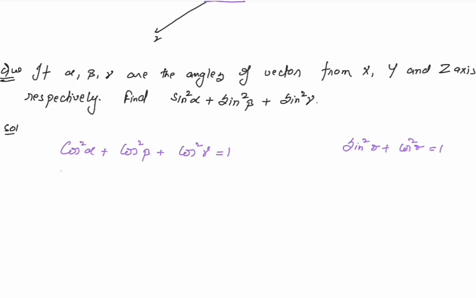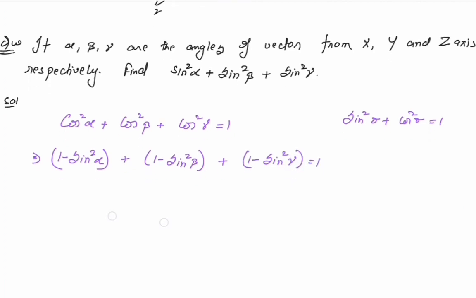Same thing I am going to use over here. Can I write cos square alpha as 1 minus sin square alpha? Similarly, I am going to write 1 minus sin square beta, and for cos gamma, I am going to write 1 minus sin square gamma. This is equal to 1.